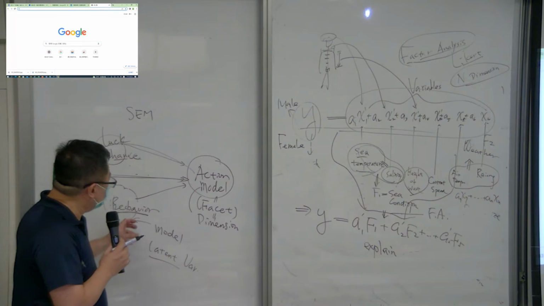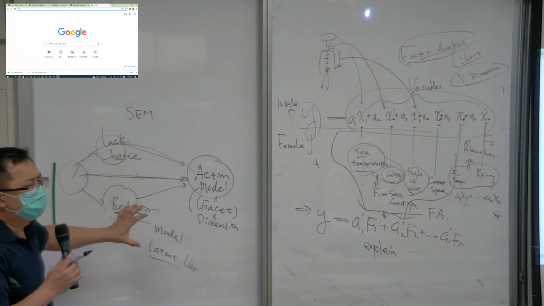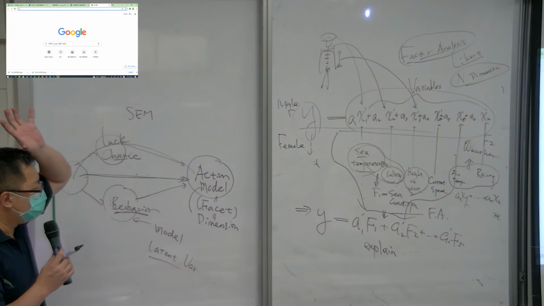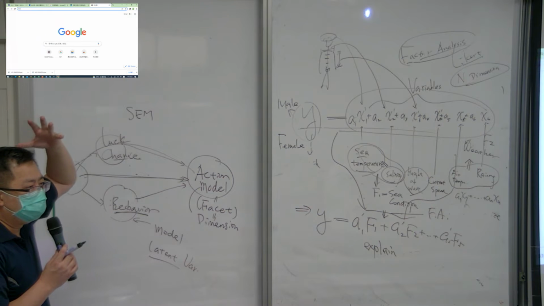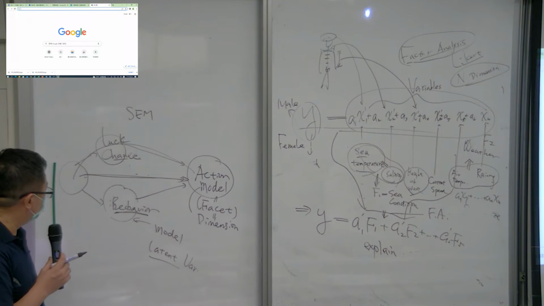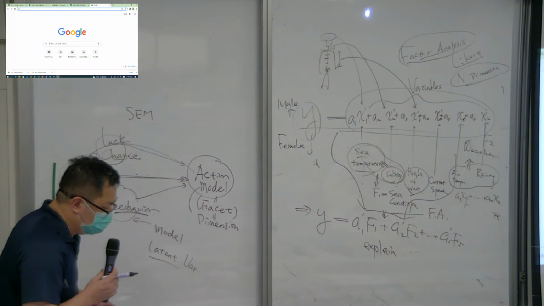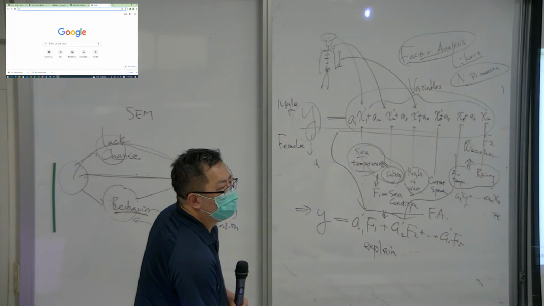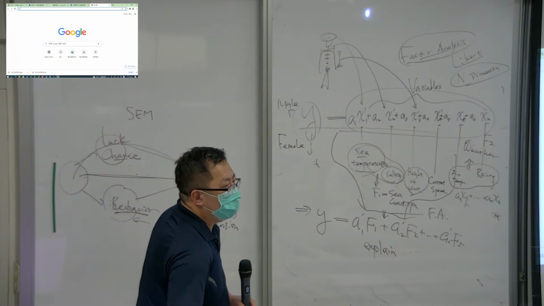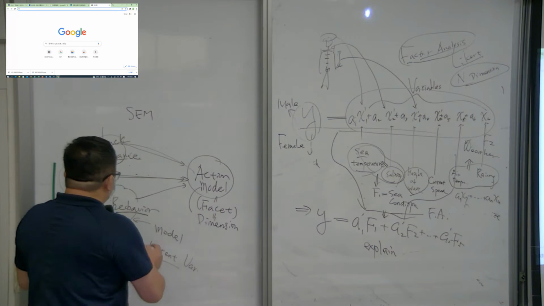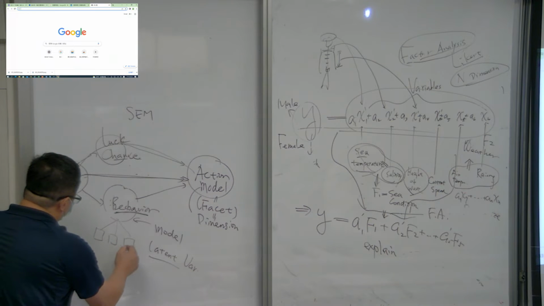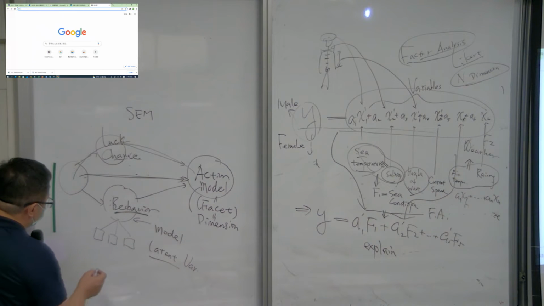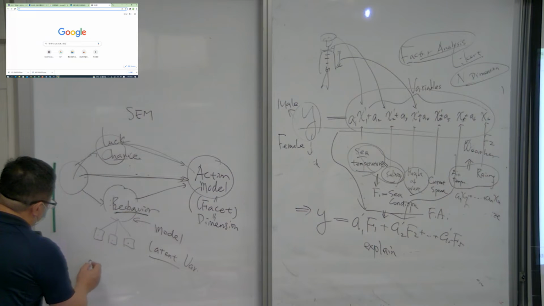Why is it bigger? Because behavior is an imagination, you know. But each model at the least has 3 items, because 3 points can decide a dimension.